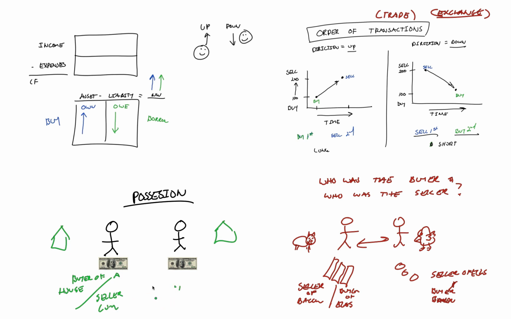And so is this guy. They're both buying their own houses right here. The buyer of the house and the seller of currency. This guy was the same. He was a buyer of a house, and he was a seller of currency.